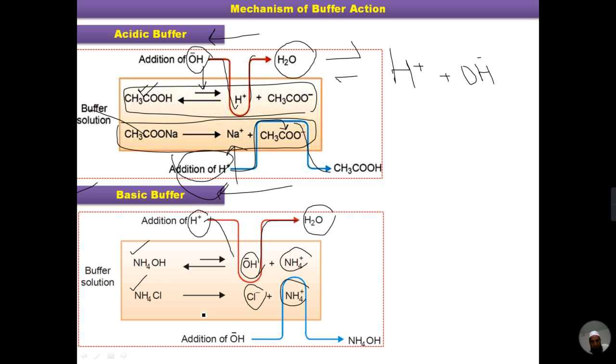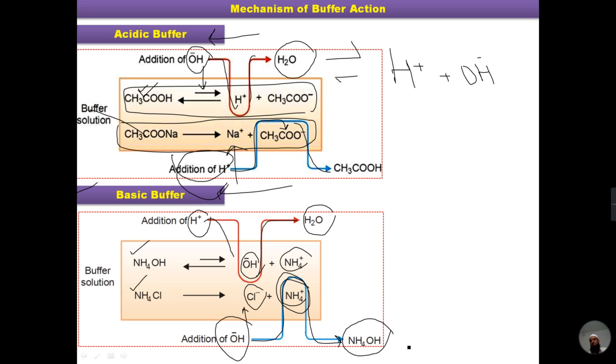Now let's look at the base. With respect to the base, you add this external base to the buffer solution. This time it combines with the ammonium ion in the solution and forms ammonium hydroxide. Now the ammonium hydroxide formed, we know, is also a weak electrolyte. So its dissociation is very, very less. Its degree of dissociation is less.